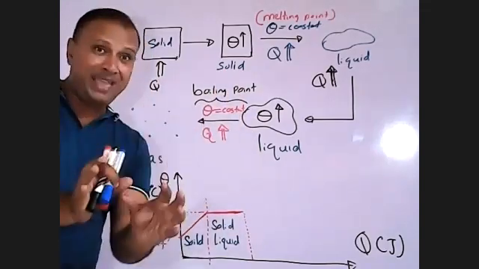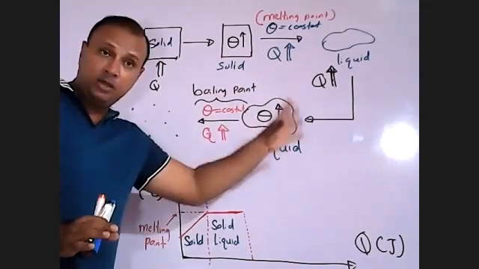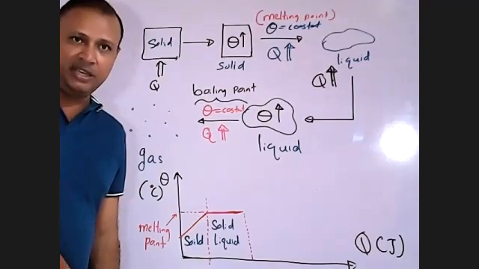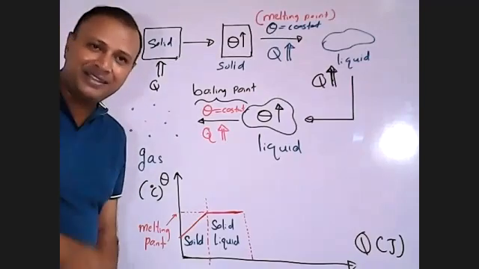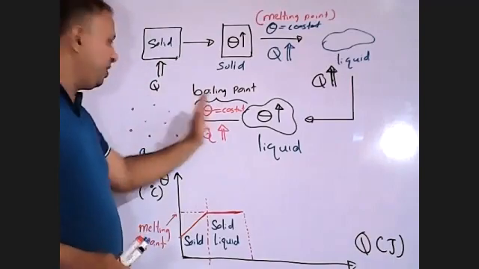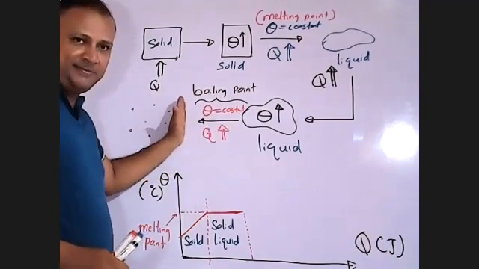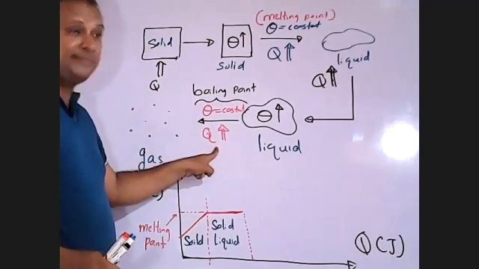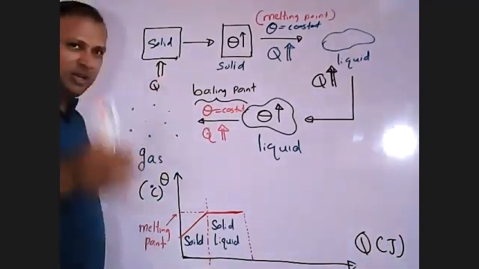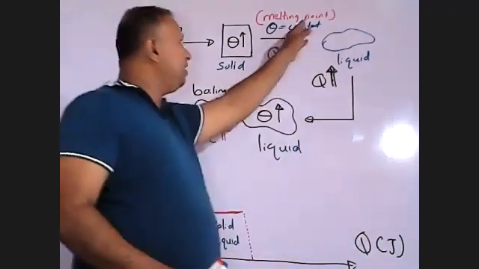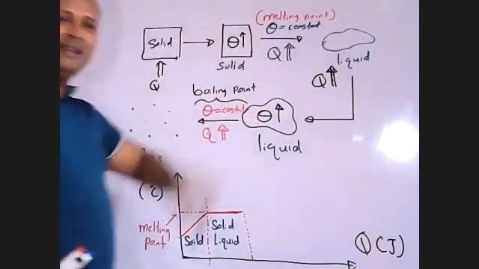So the supplied heat doesn't go to kinetic energy. Therefore, kinetic energy remains constant during this period. Again, this is latent heat. Again, this is a special point. Normally we call it the boiling point, as initially we called it the melting point.